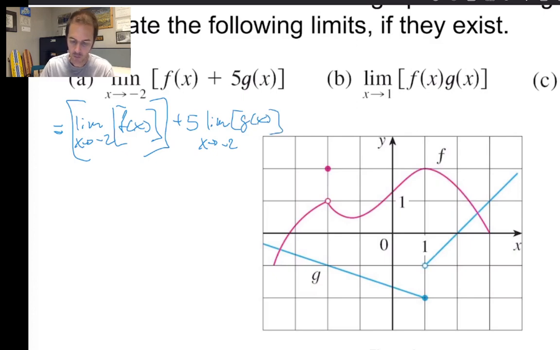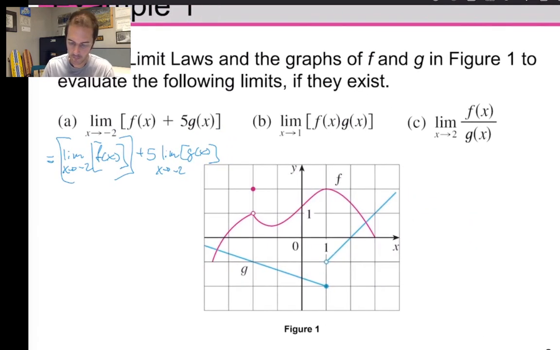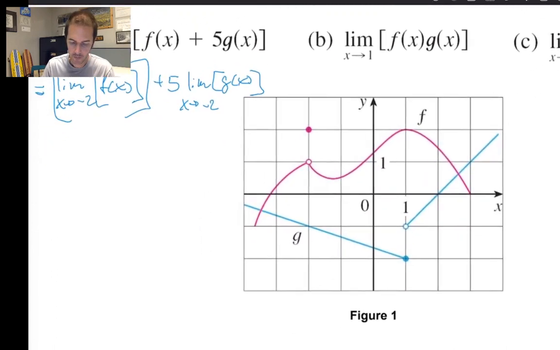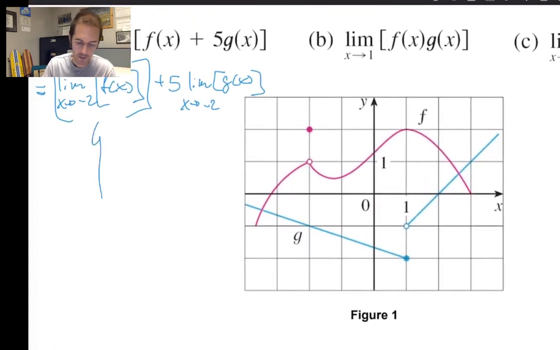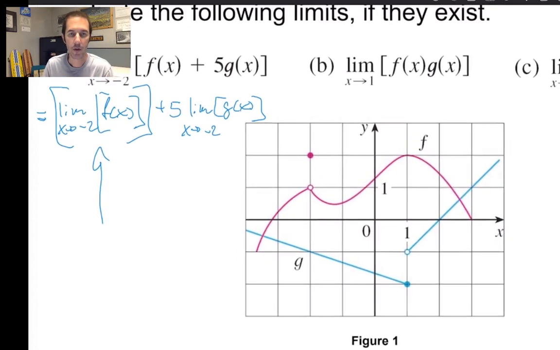And in this problem we're told via this graph that the limit as x approaches -2 of f of x, now f is the magenta colored graph or curve, and as x approaches -2, we can follow this along on the magenta graph. As we're approaching from the left it looks like our y values are approaching positive 1.